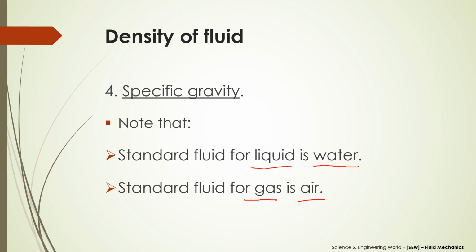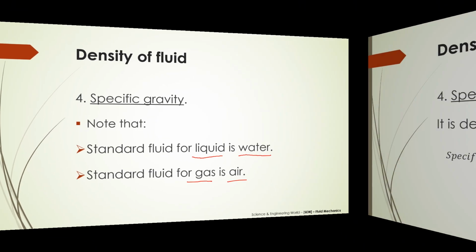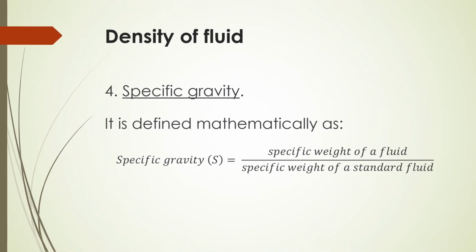So let's look at the mathematical definition of this. Mathematically, we can write specific gravity S to be equal to specific weight of a fluid over the specific weight of a standard fluid. So we have explained what the standard fluid is all about. Now let's write it in the notations.